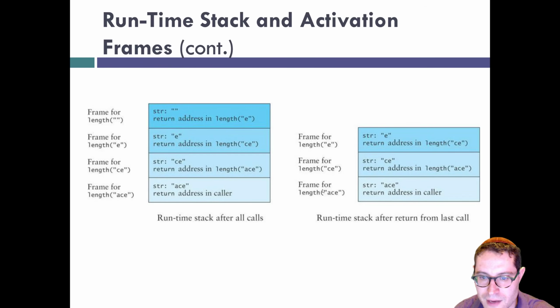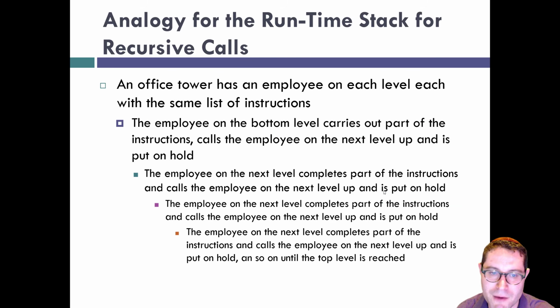After that, we just simply pop off and return to the code that called us. And that will pop off, and that will pop off, and it will continue to pop off the stack. The analogy for this is that we've got some employee on each level with the same set of instructions.